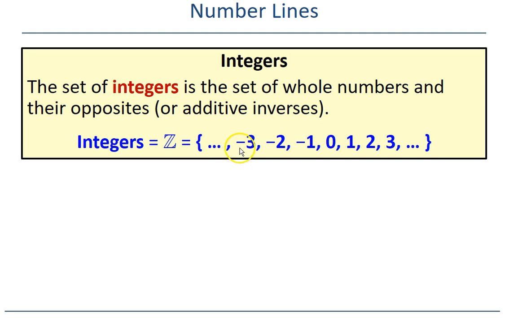And then you pick up on the pattern -3, -2, -1, 0, 1, 2, 3. And then it continues to the right to what is called positive infinity.